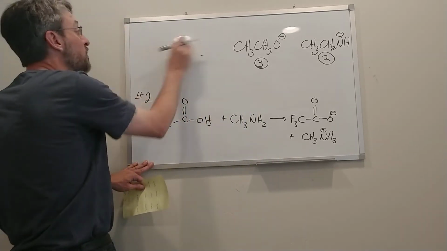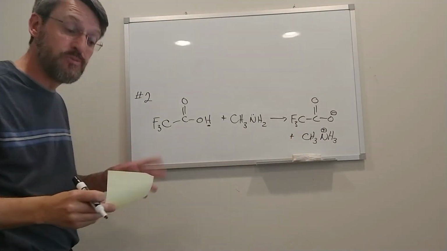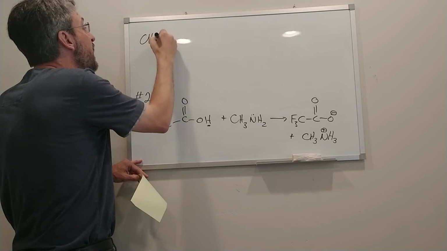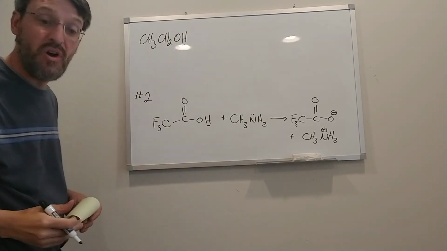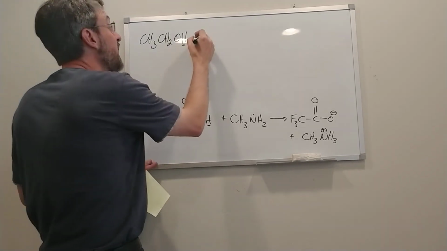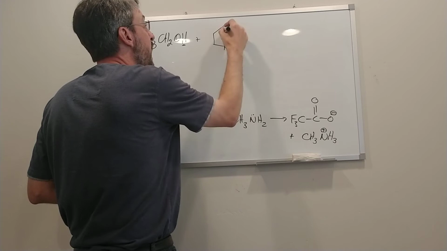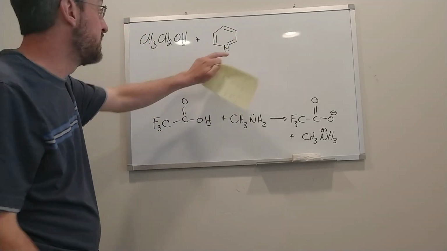I'll erase this top part and we'll do the second and third ones. And again, these are all H plus transfers. So this one is an alcohol, CH3CH2OH, and again, that's the H on the alcohol, that's the acidic one. And this one I used the pyridine, so we talked about this one in the intro video. So that's the base, so again, here's your base, the nitrogen, it's an amine.